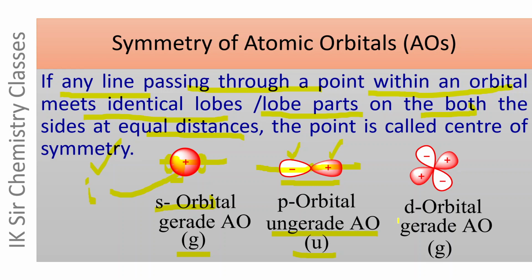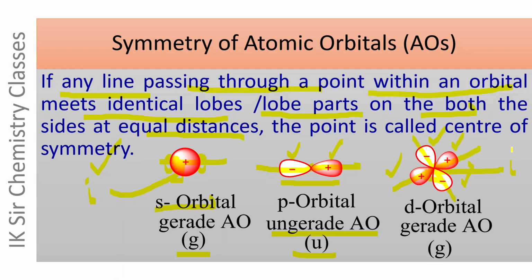And let us now see what about the d atomic orbital. If we pass this line, we get identical lobes on both the sides, and if we pass a line in this direction, we also get identical lobes on both the sides at equal distances, and therefore this point in the d atomic orbital is the center of symmetry.